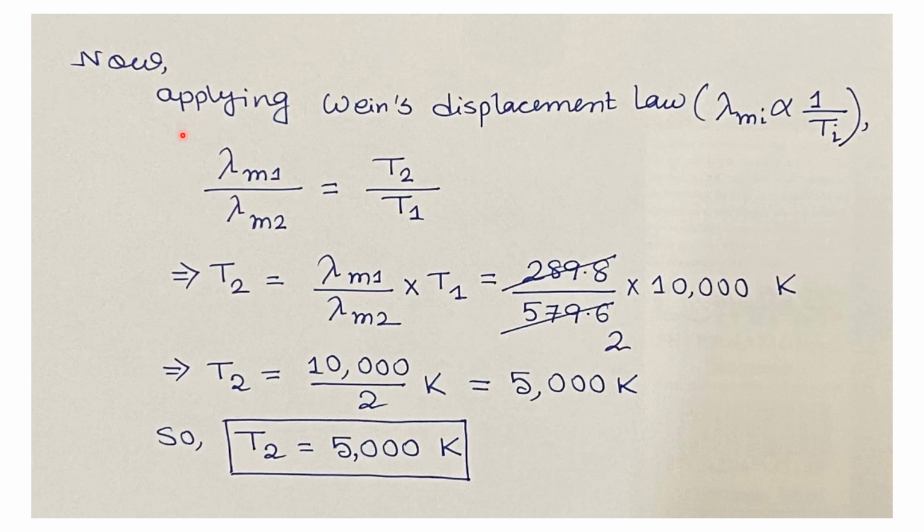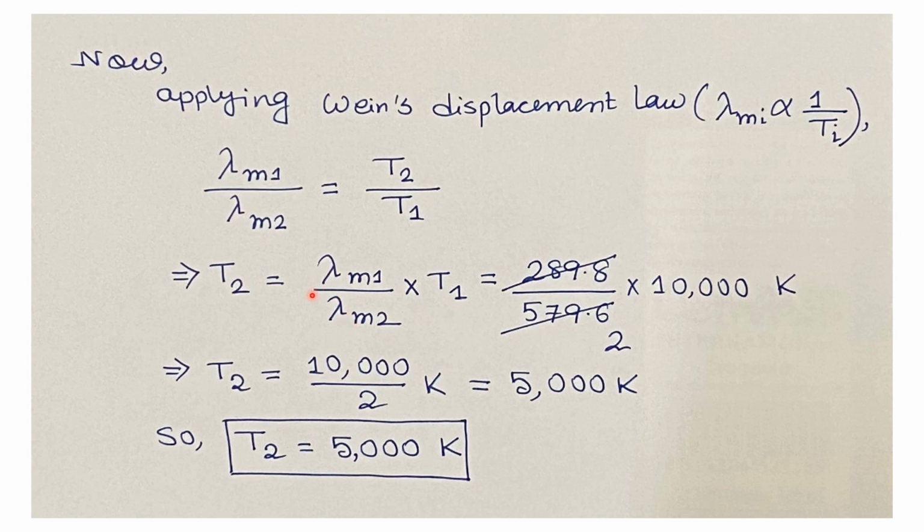Now we will apply Wien's displacement law, that is lambda mi proportional to 1 by Ti. So we can write lambda m1 divided by lambda m2 equals T2 divided by T1. So T2 can be written as lambda m1 divided by lambda m2 times T1.